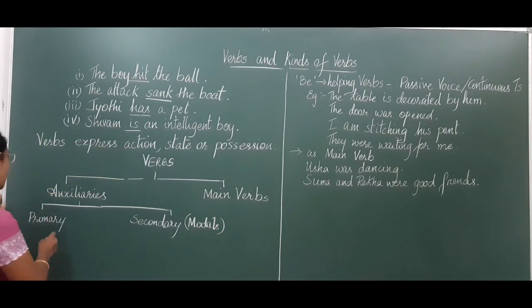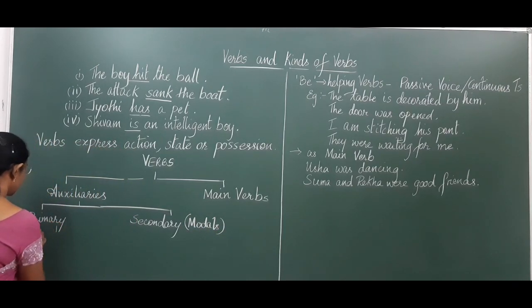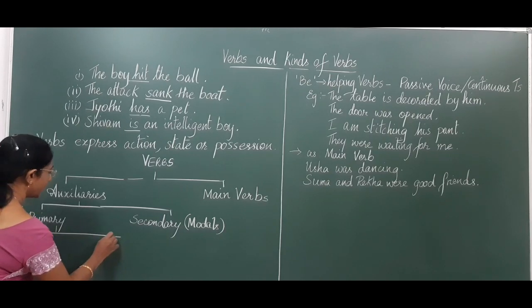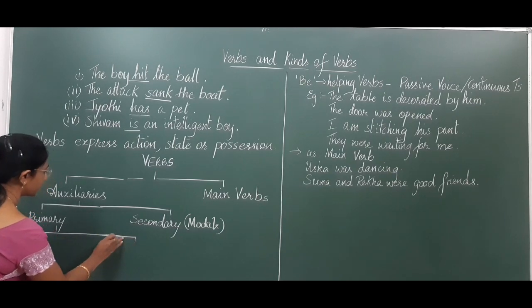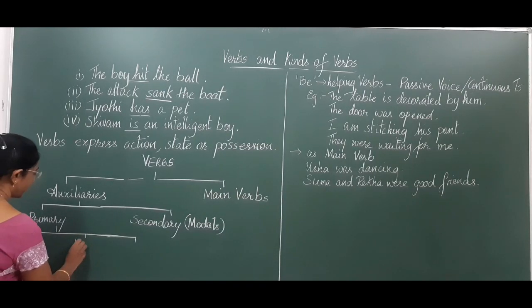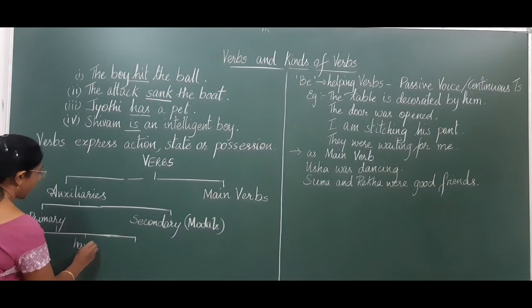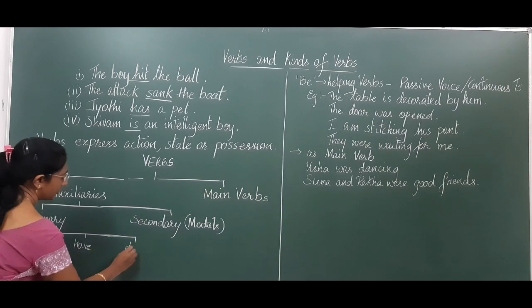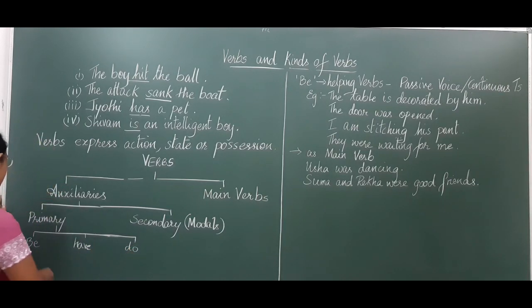Well, under primary auxiliaries, we again have three types. They are be verbs, have verbs, and do verbs.